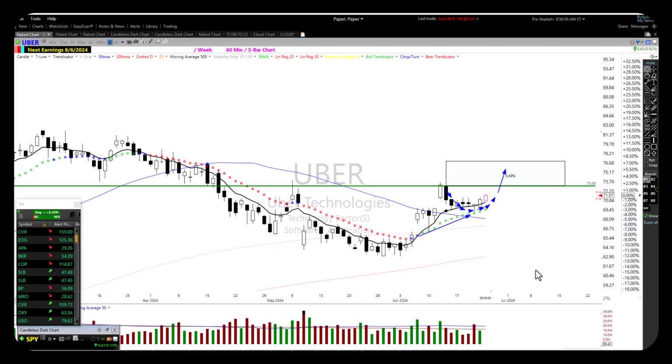There you go, right there. Beautiful J hook setting up. Now, it won't become an official J hook breakout until it in fact breaks out of about the 73 area. So that's what we'll be watching for. And then what we're going to be looking for is price to continue higher on this. So Uber's looking pretty good for now.